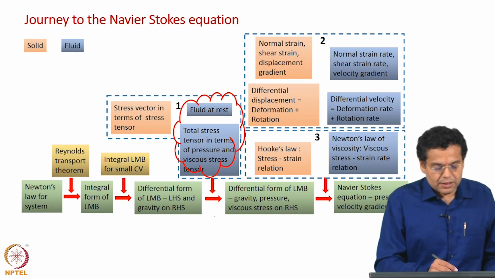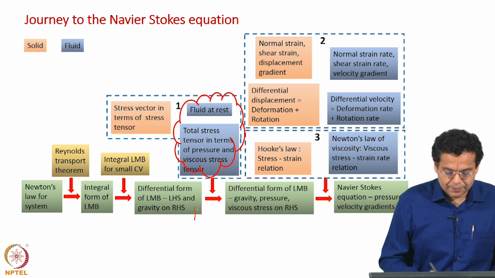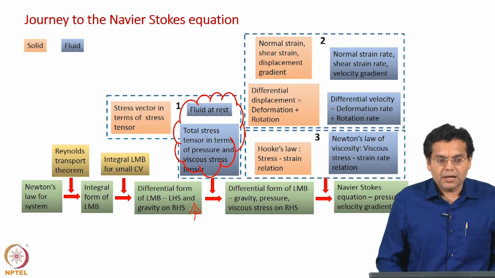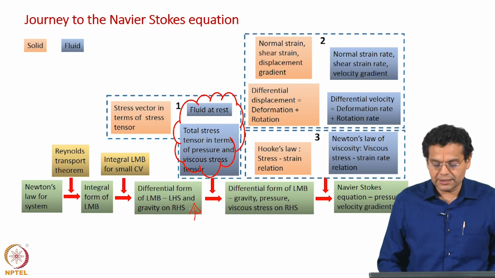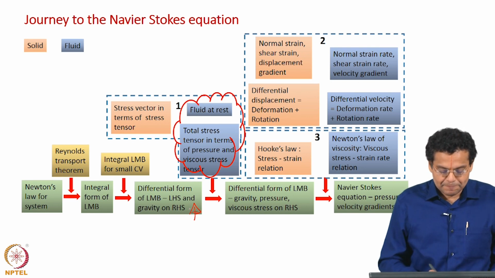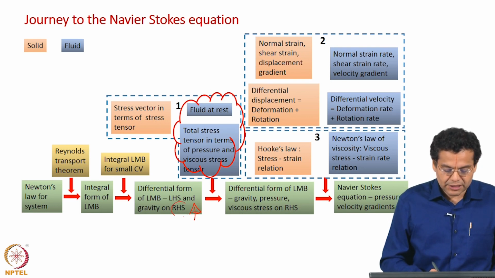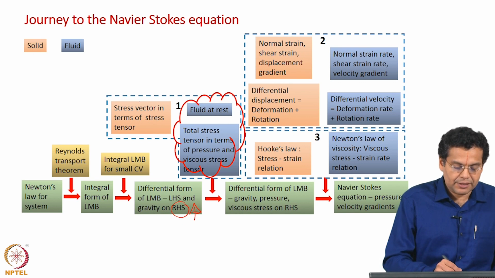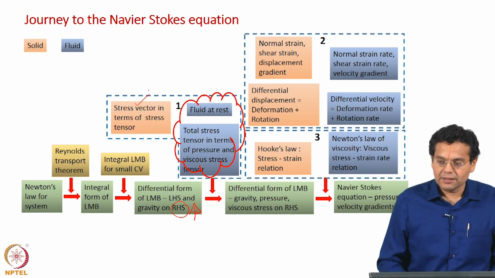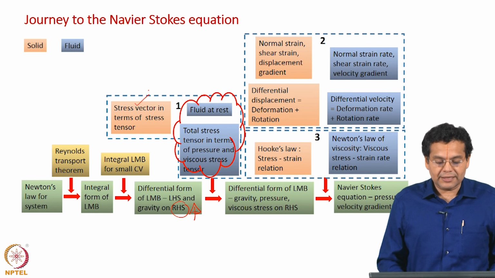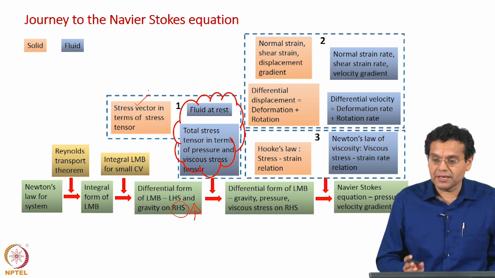Yeah. So, now we can understand that highlighted portion. We were here, having derived the left hand side of the differential linear momentum balance, and the body force on the right hand side. Then for surface forces on the right hand side we took a diversion to solid mechanics and discussed the stress vector and stress tensor. Now, whatever is highlighted becomes very clear to you based on the discussion we had so far.